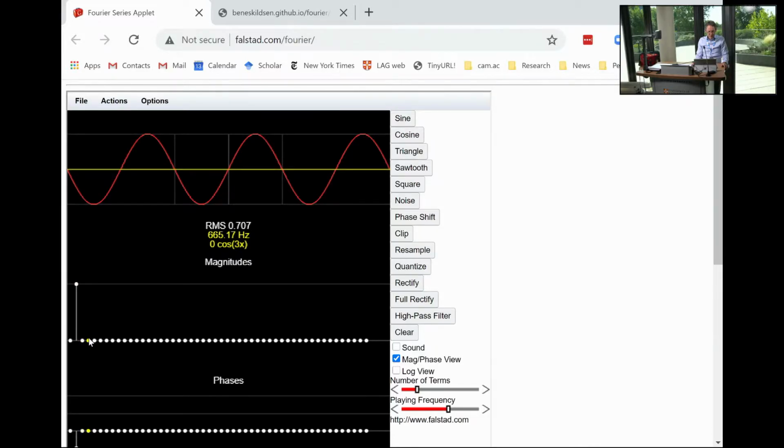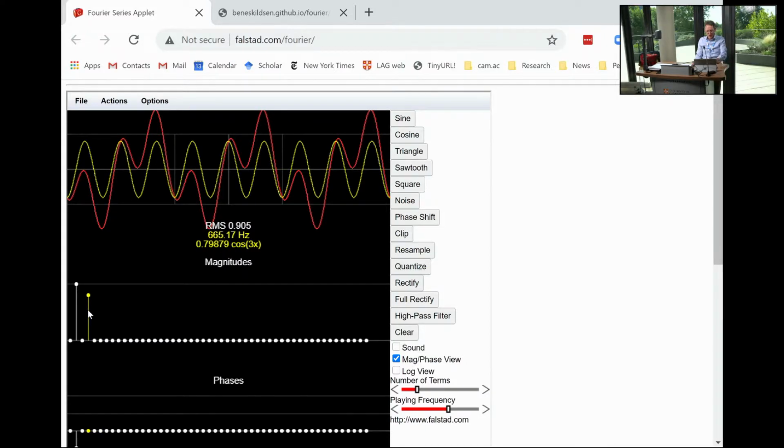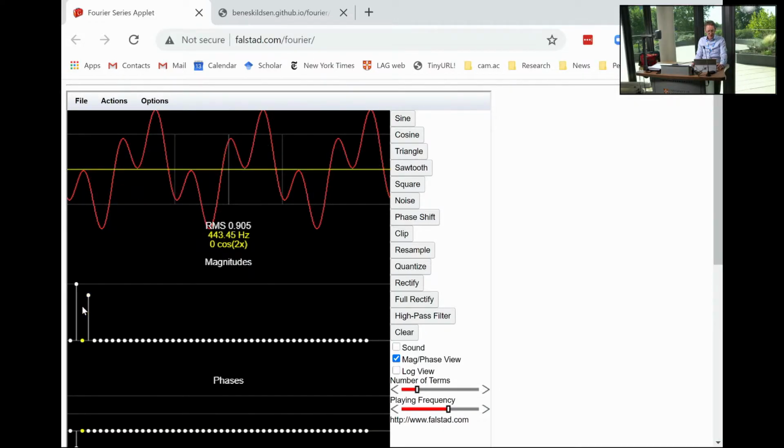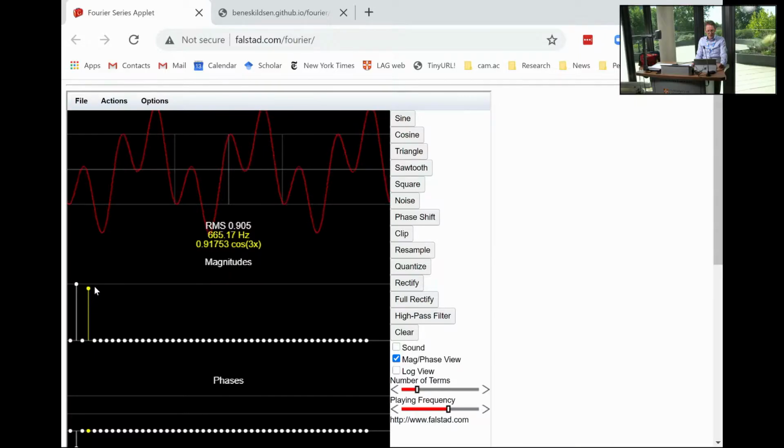I can put, for example, this sine wave in, and you see the yellow trace is that higher component. It has 3 times the frequency of this component. So you see one component here, another component there, and I can change the amplitude of these individual components by playing with these sliders here.